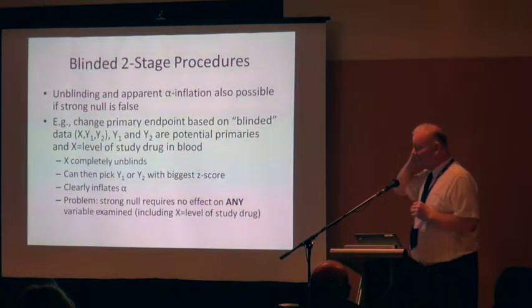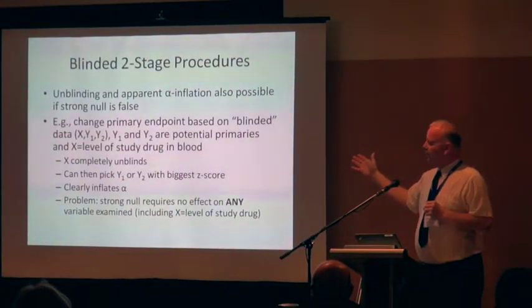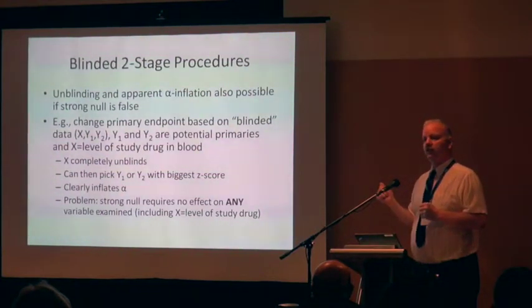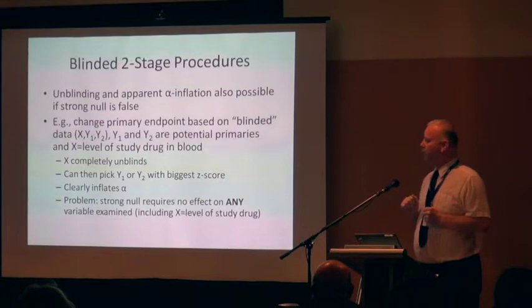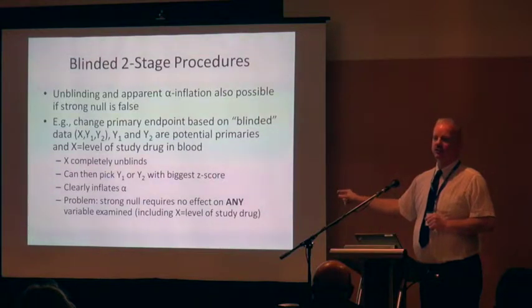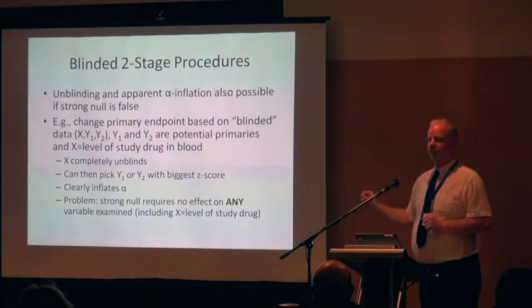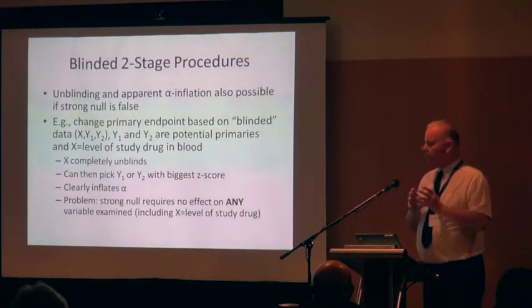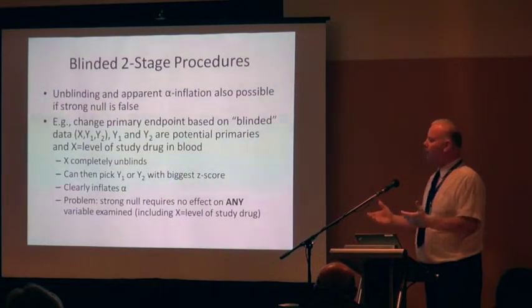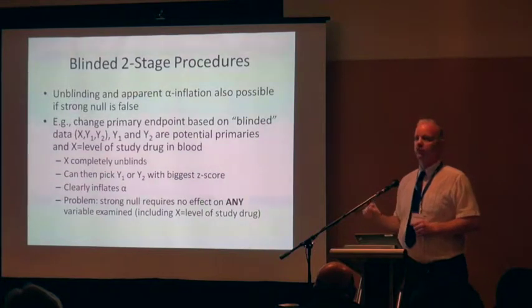So what went wrong here, though, is that in a sense, nothing went wrong, because you're testing the strong null hypothesis that treatment has no effect. So you are correctly rejecting that strong null hypothesis. You're saying treatment does have an effect, but the proper conclusion is that treatment has an effect on something that you looked at. Well, you already knew that before you started, right?